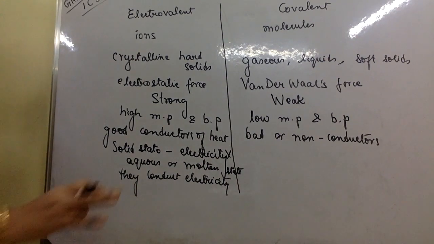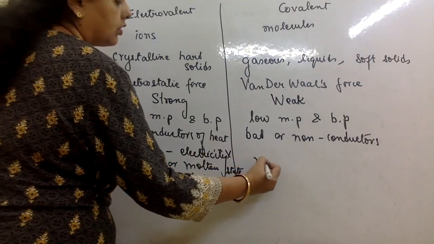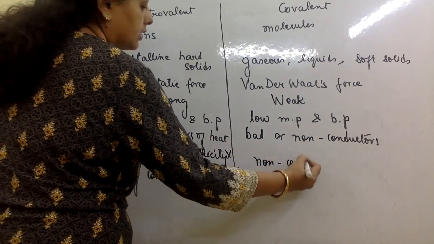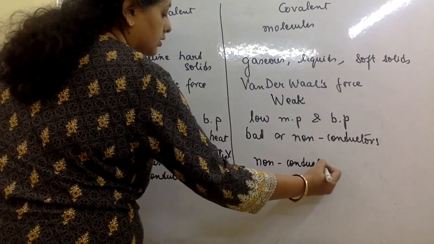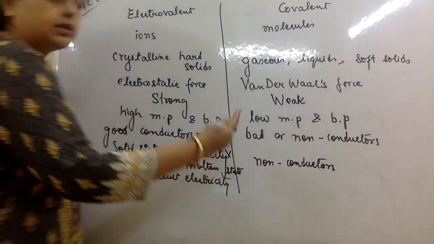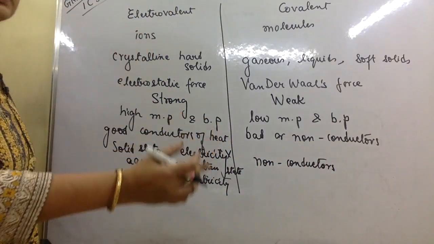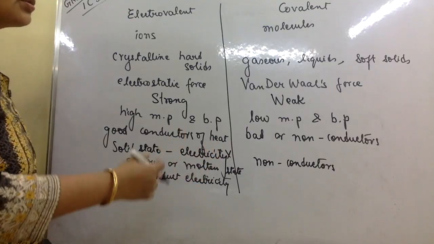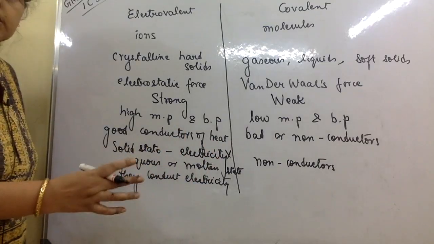These are completely non-conductors. Covalent compounds will not conduct electricity unless they can form ions. So if they cannot form ions, they will not conduct electricity.